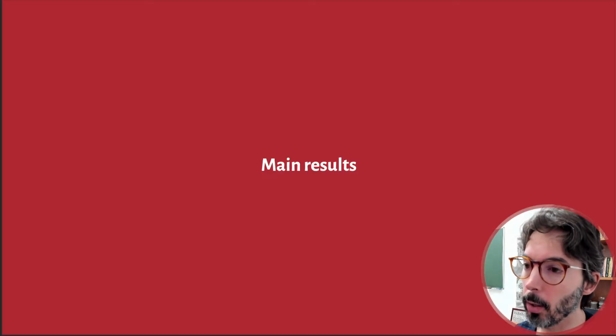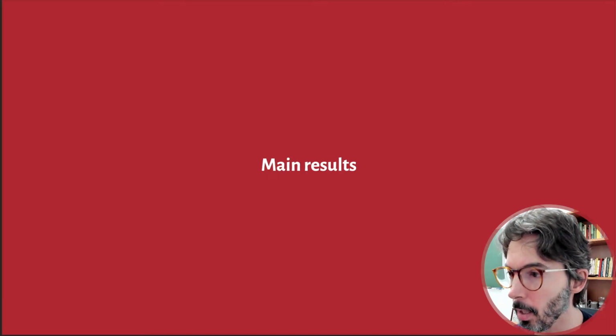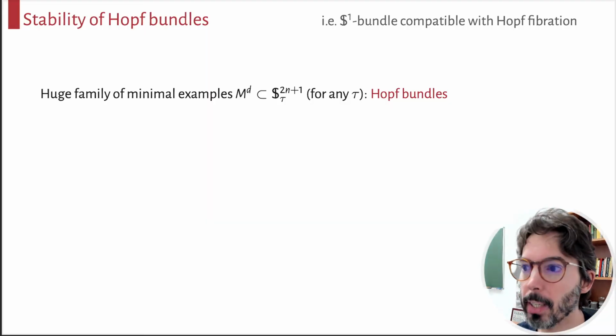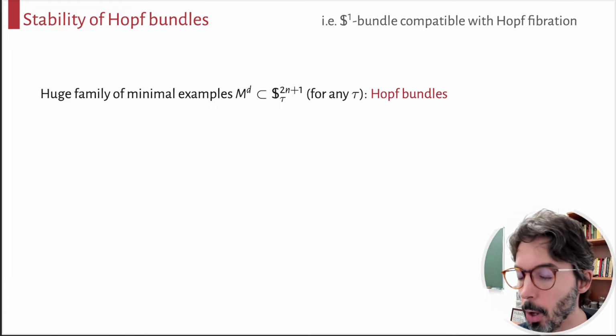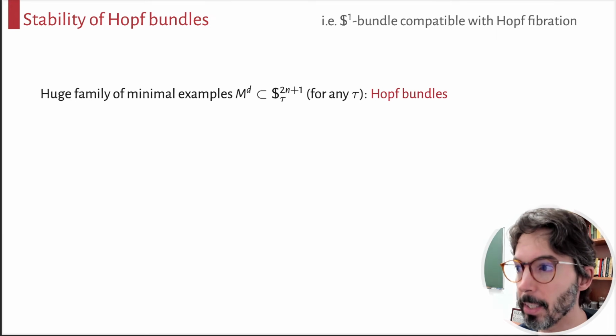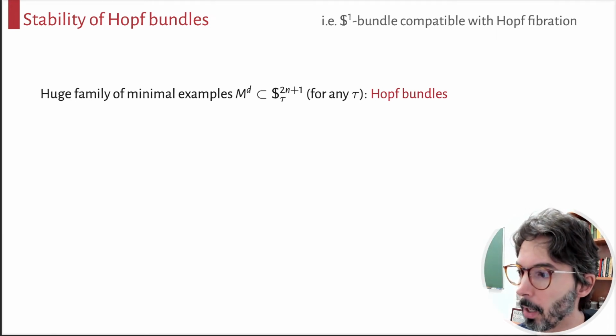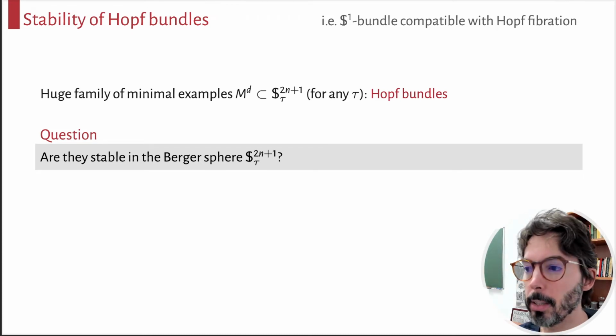Okay, now I am going to present the main results of the talk. I have presented a huge family of minimal examples in the Berger sphere for any tau, which are the Hopf bundles, and those examples are well behaved with respect to the Killing field psi. So a natural question arises: are they stable in the Berger sphere?